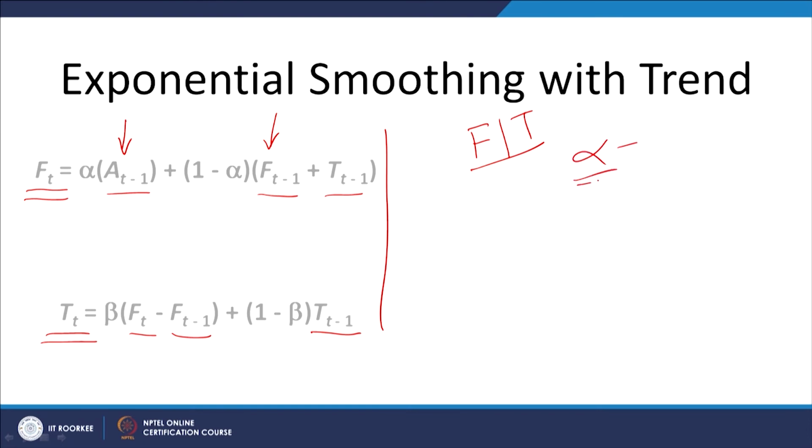One is alpha, the exponential smoothing coefficient for the forecast, and another is beta, the exponential smoothing coefficient for the trend. Alpha we may use like 0.2 or 0.3, and the beta value, depending upon the trend, may be 0.3 or 0.4. So, suitably the values of alpha and beta are selected.